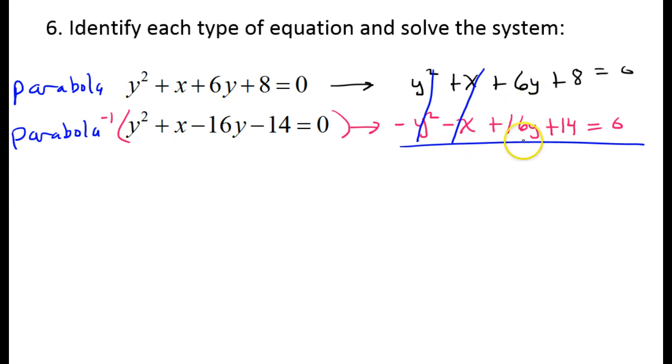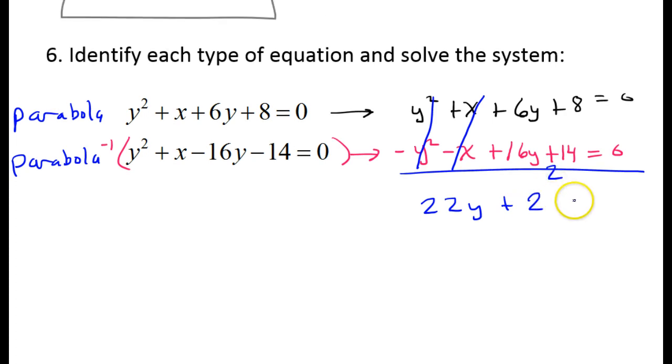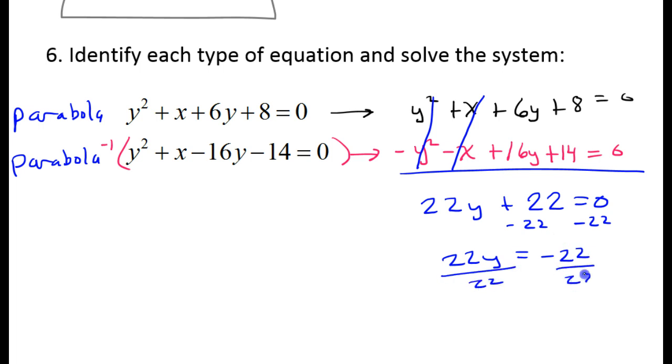So when I continue and combine these, this is going to give me 22y plus, oh man, okay, subtracting 22 from both sides, I've got 22y is equal to negative 22. Dividing both sides by 22 gives me y equals -1.